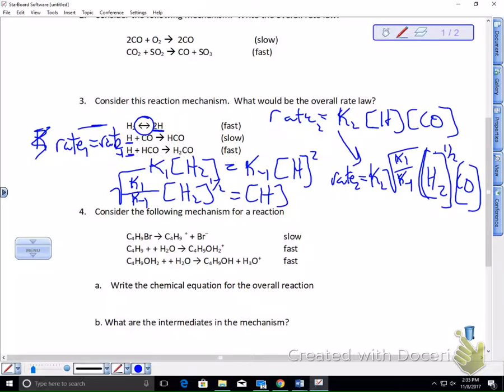Now all those k's are just going to combine, so our overall rate law is just going to be rate equals k[H2] to the 1/2 and then [CO]. So that's what we have to do when the slow step is not first.